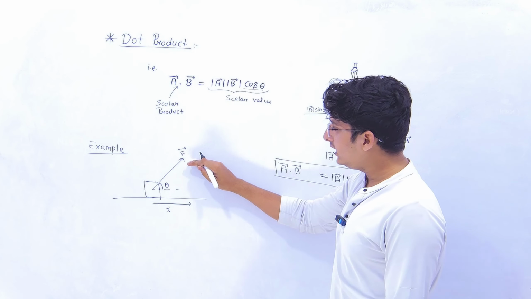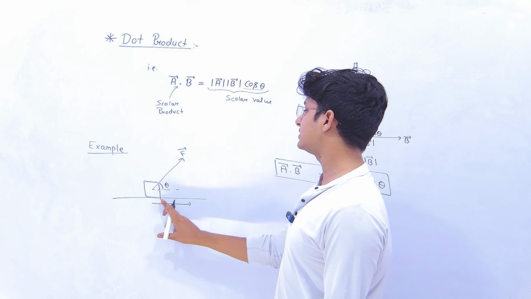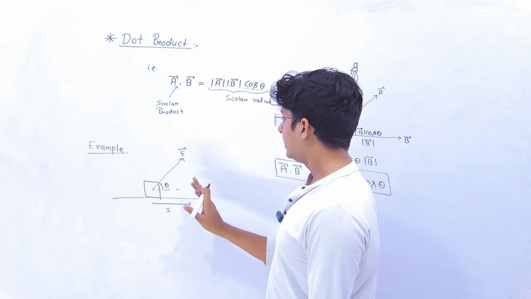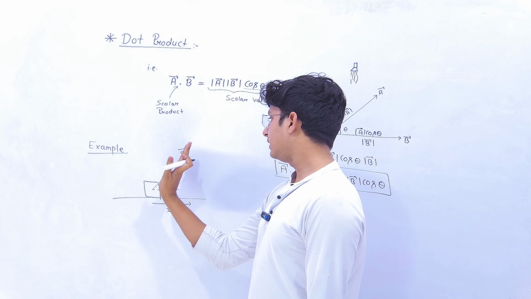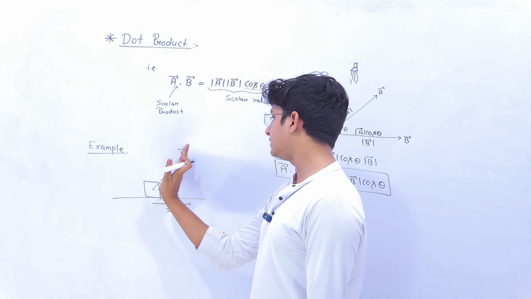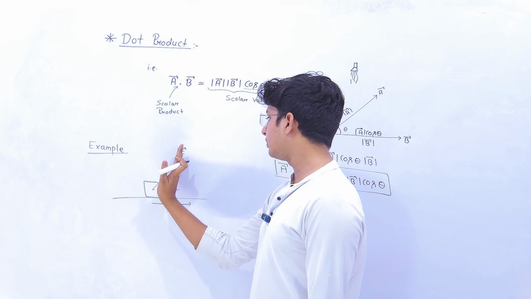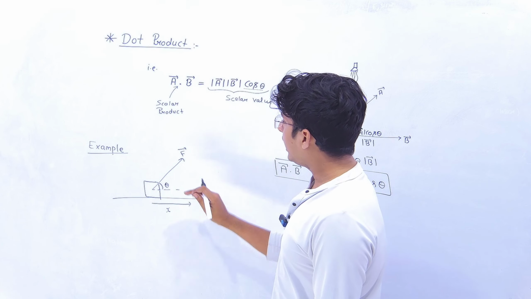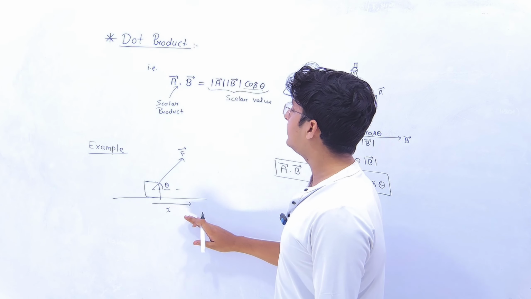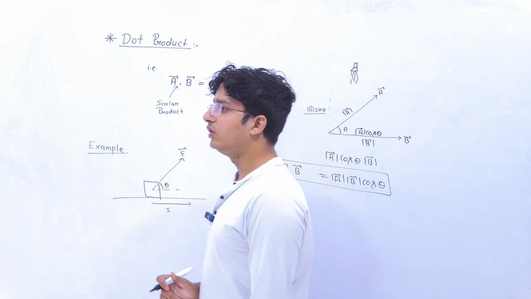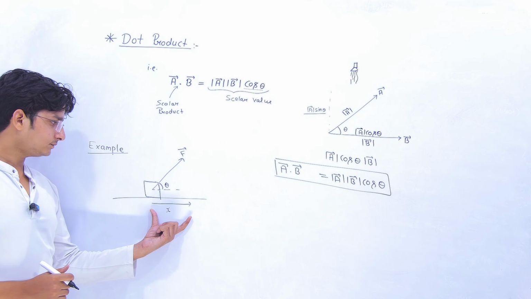There is some component of this force which moves this box in translational or linear motion, because the force acts at some angle. That's why here we get two components of this force. One component is the vertical component and the second component is the horizontal component. So the amount of force which is acting in the direction of the displacement of the box is the dot product of this force and this displacement vector.